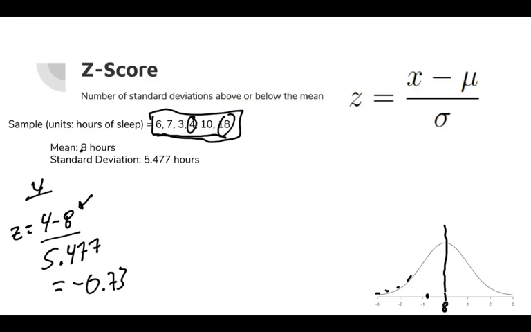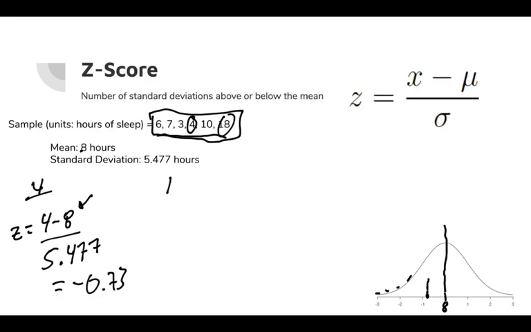Okay. So I'm within the one standard deviation rule, right? So essentially this tells us that the 4 hours of sleep falls within the 68% of all parts of my data.